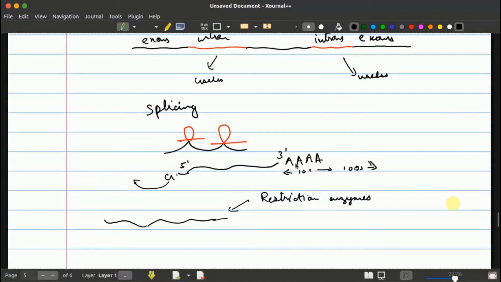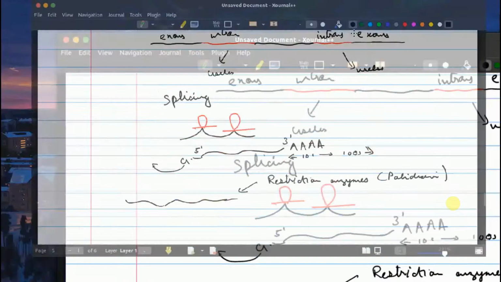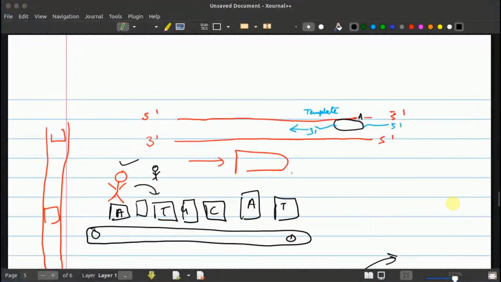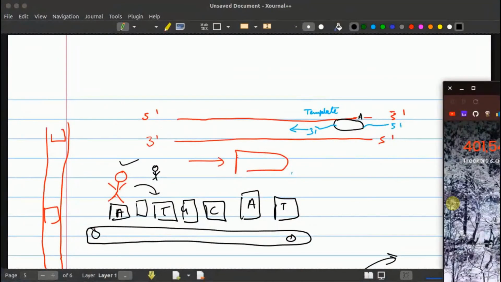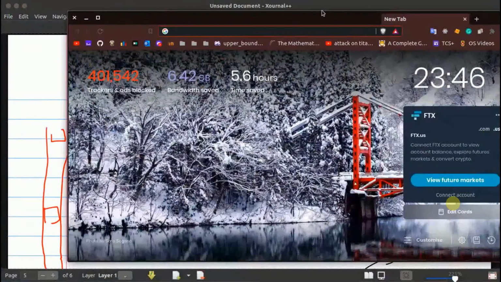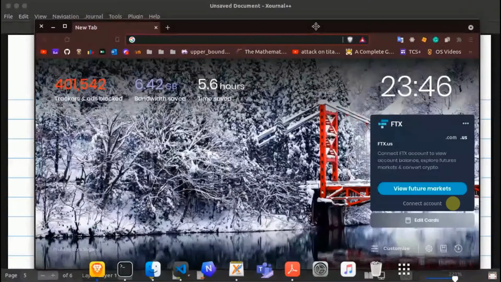That we generally study over palindromic sequences, right? But in nature, restriction enzymes cut everything. Palindrome is not a requirement for a restriction enzyme. So if you search the list of restriction enzymes, you will find that it has non-palindromic sequences also.